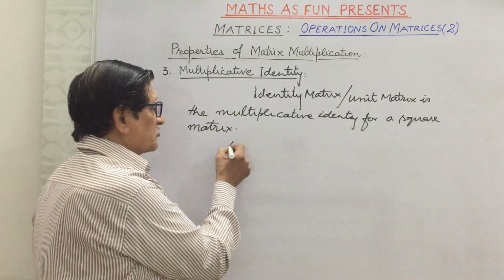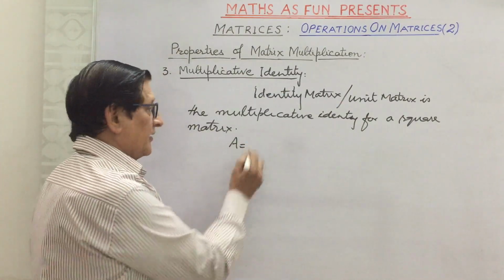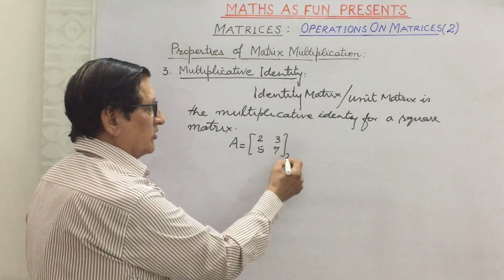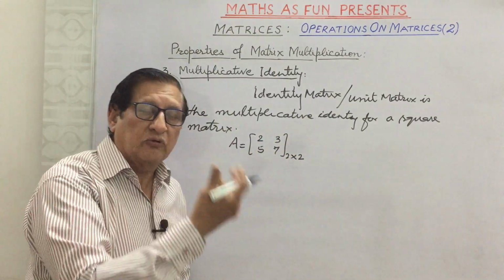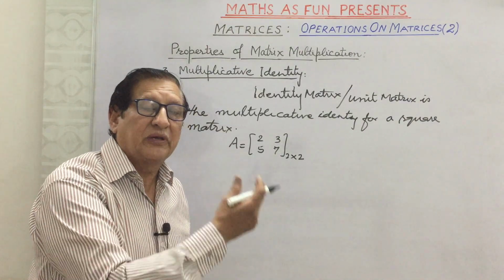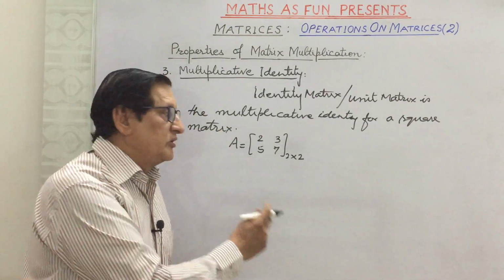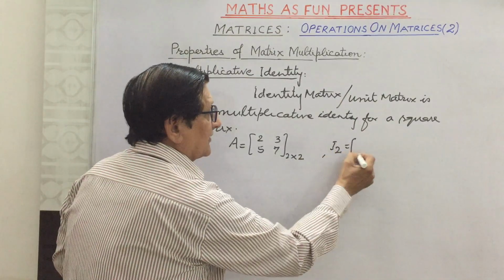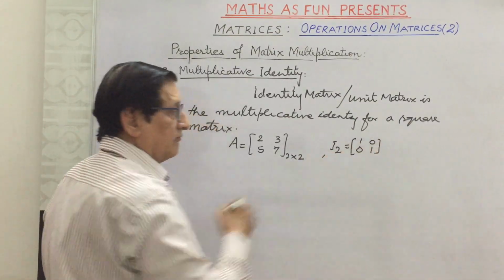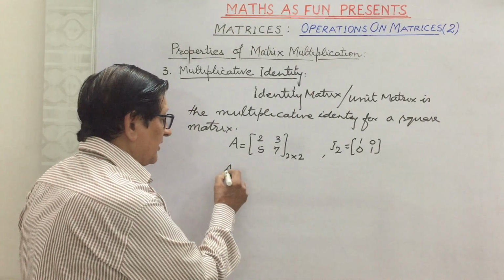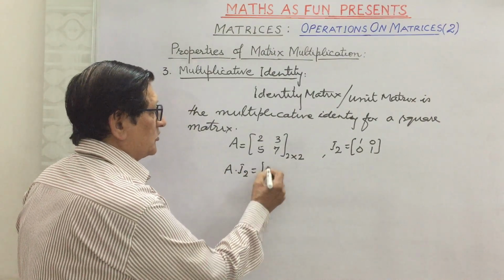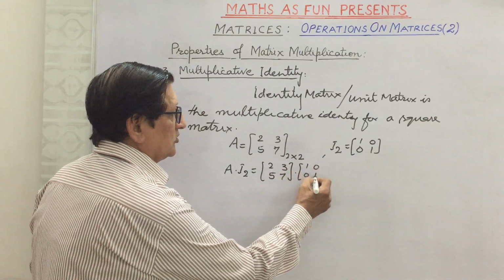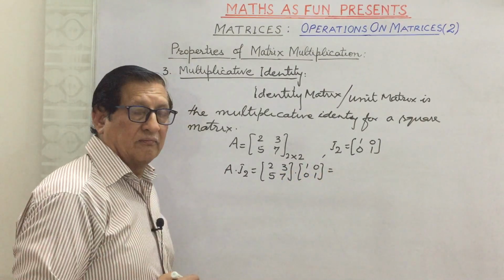So suppose we have a square matrix A, that is 2, 3, 5, 7. It is of order 2 into 2. So we have to take the identity matrix or unit matrix also of order 2 into 2. Then we say I2 is the identity matrix, and that is 1, 0, 0, 1. When we multiply A with I2, A into I2 is [2 3; 5 7] into [1 0; 0 1].